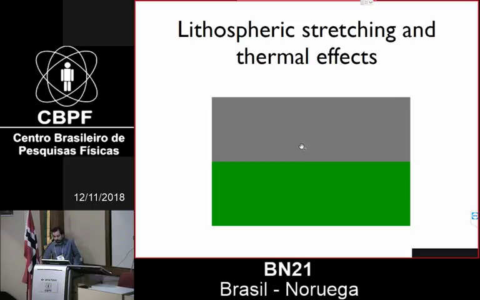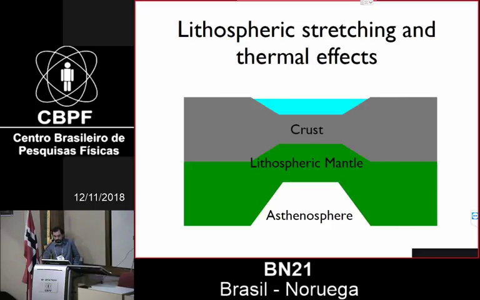I simulated stretching and thermal effects, so I can take into account the isostatic and flexural effect of stretching the lithosphere, and I created a stretching map for the model using the beta factor.